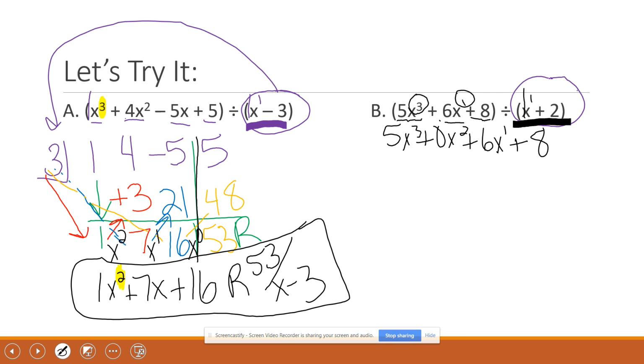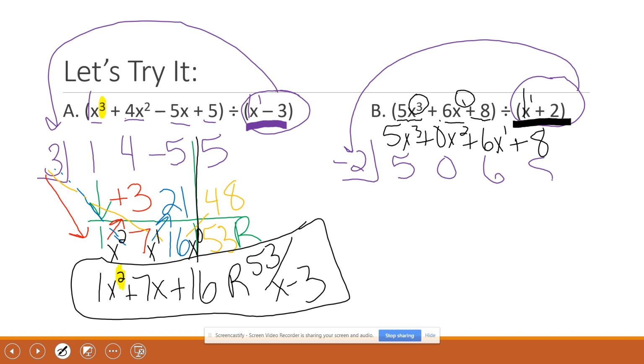Now I can take my x plus 2. Remember, x's are liars, so we're putting -2 in the box. And then our numbers are 5, 0, 6, and 8. We vote our last one off the island and always drop down that very first number.